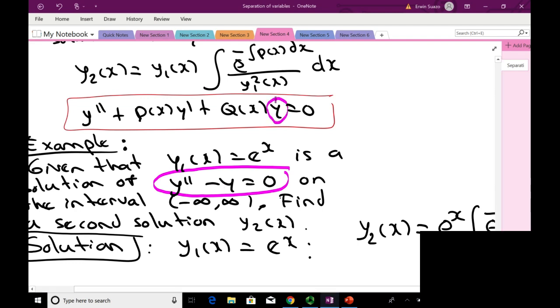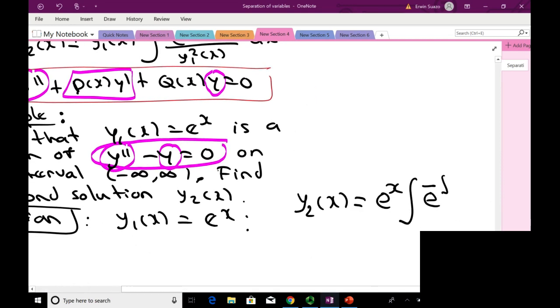So this is y, this is y, this is y double prime. So what is p of x? No. So p of x is 0, right? Because I don't have y prime. You see? I don't have y prime. So p of x is 0.